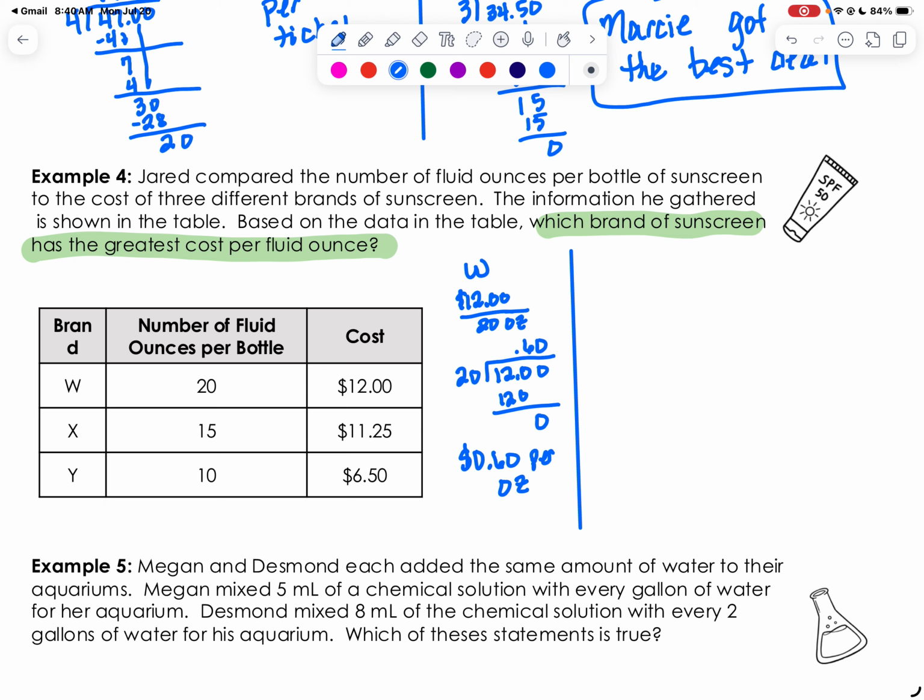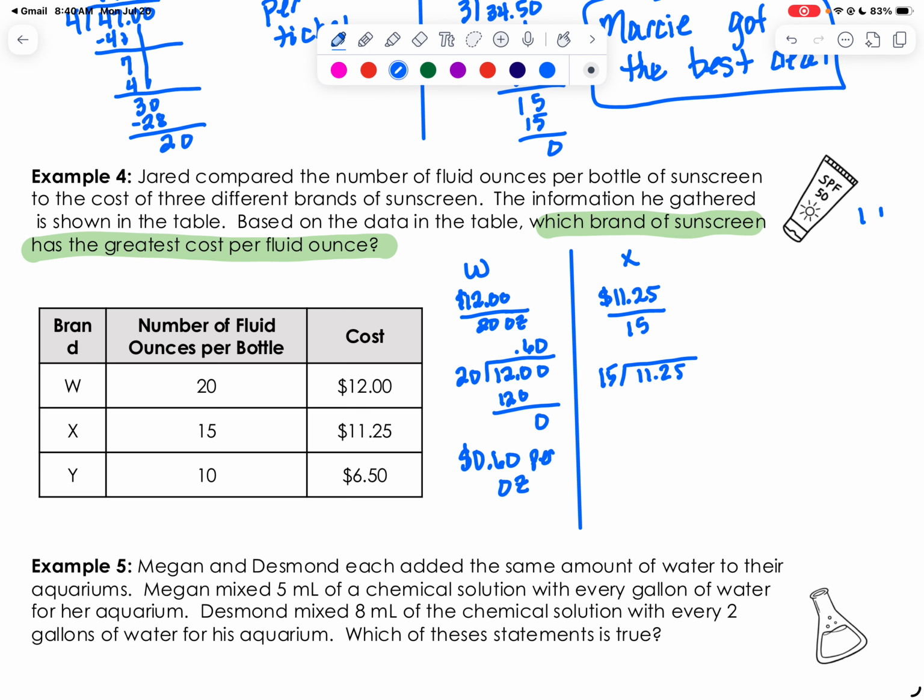All right, now let's look at brand X. Brand X was $11.25 for 15 ounces. So let's see how many times 15 will go into 11.25.